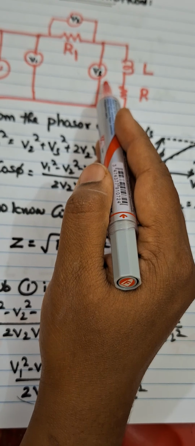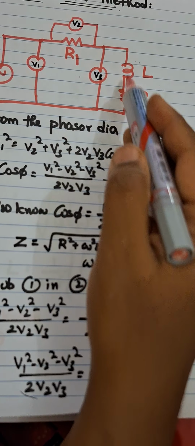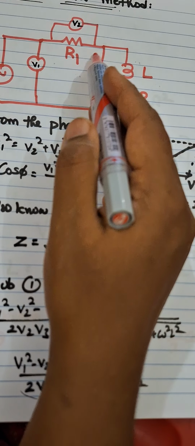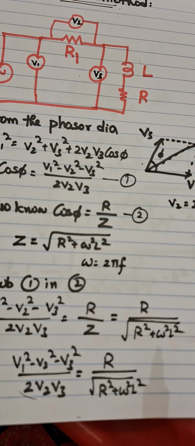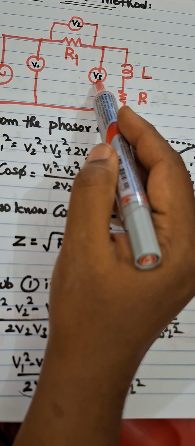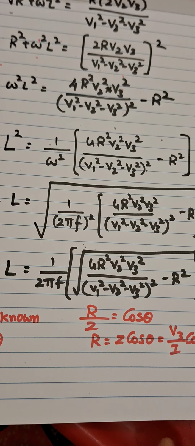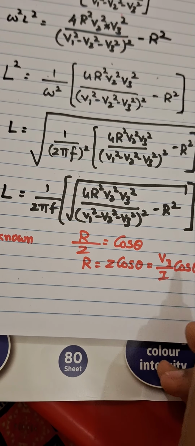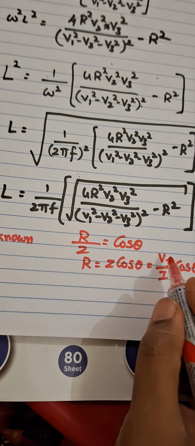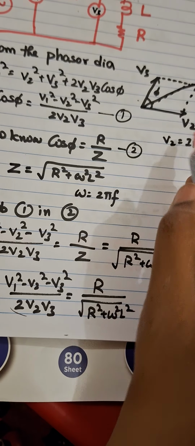Impedance is the value of voltmeter 3, because these two are in parallel. Can you see? These two, R plus L, will give the V3. So impedance Z is equal to V3 by I. But what is I?